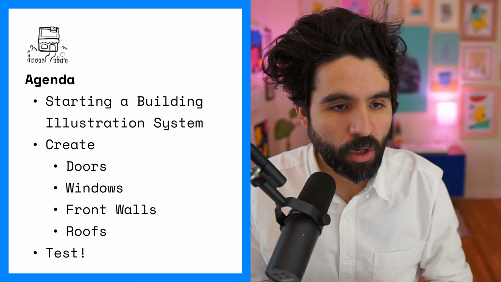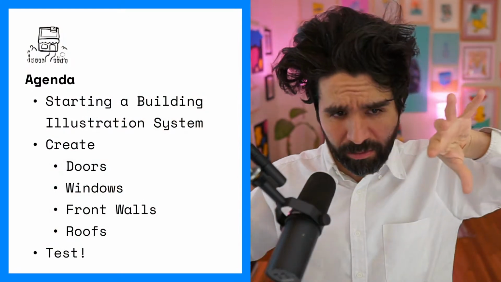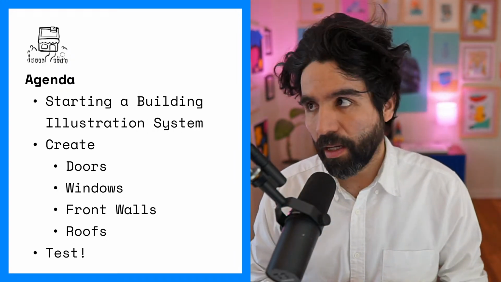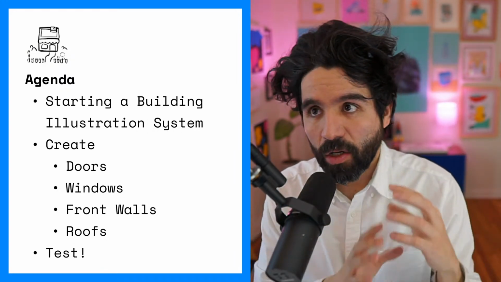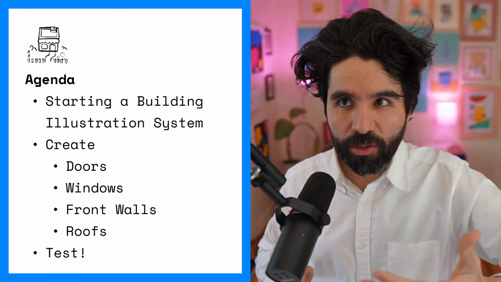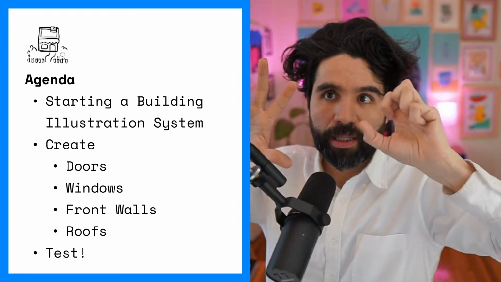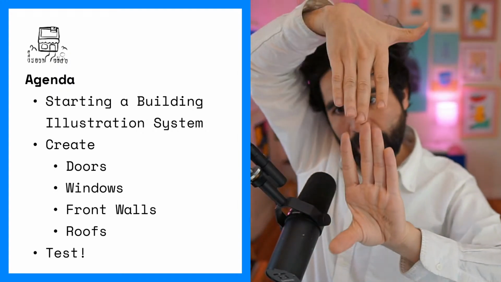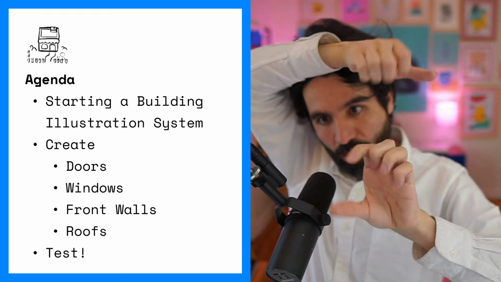And actually, let's take a look at our agenda for today. We're going to start building the illustration system for the buildings. And these need windows, doors, walls, like the front-facing walls, and then the roof. Because again, since it's 2D, but a 2D where you can only see the front and the top, you need those two things.